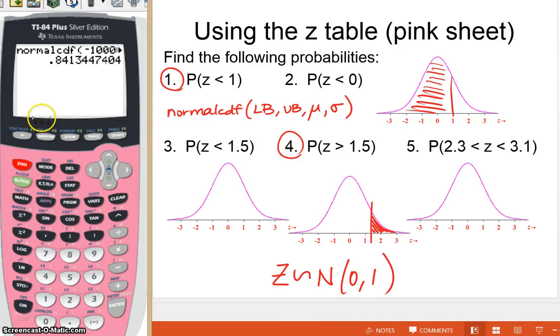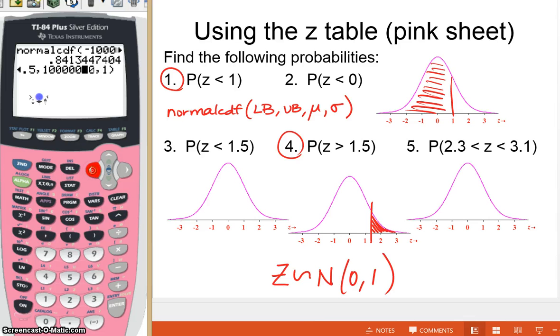So we're going to go back into distribution, so second VARS. We go down to normal CDF, or just press number 2. Our lower bound this time is 1.5. Our upper bound is infinity, or 1 with a bunch of zeros. Our mean is still 0, and our standard deviation is 1, because we're working with z's in the normal distribution. So we paste that in.